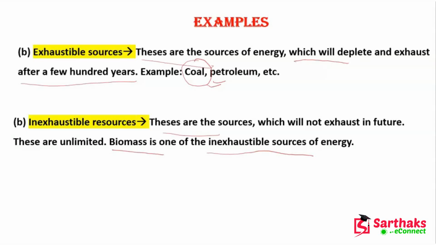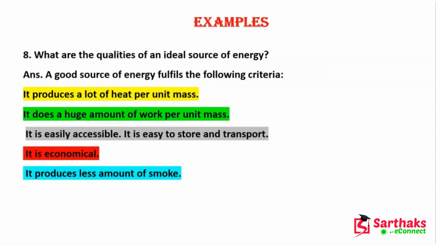Now let's move on to the next slide. What are the qualities of an ideal source of energy? So this is also a very good question. In this question, it is asked what the qualities of an ideal source of energy are. A good source of energy should have these qualities.